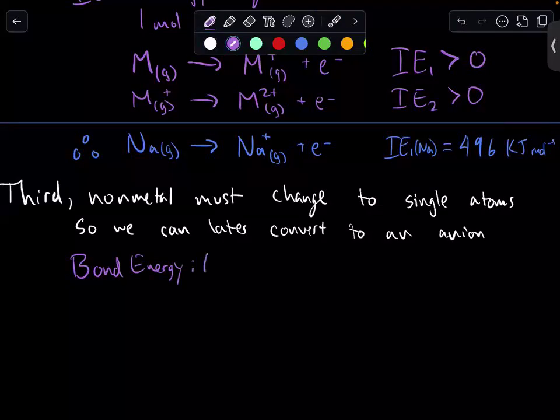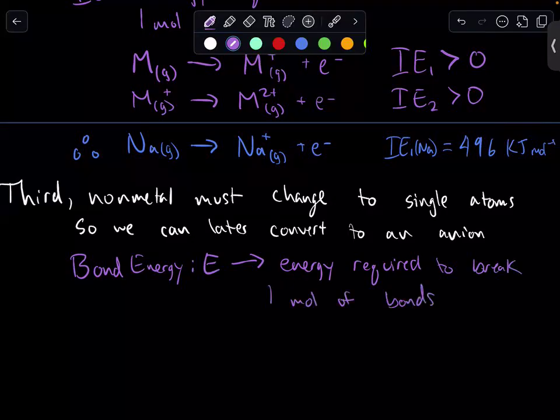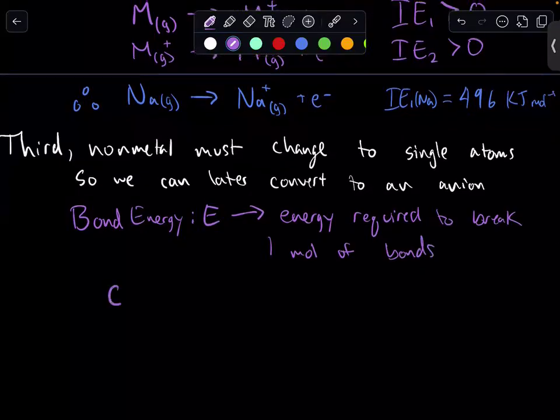This is where we have bond energy. We generally represent this with a capital E, and this is the energy required to break 1 mole of bonds. For chlorine gas, Cl2, oh, I'm doing a real equation now.